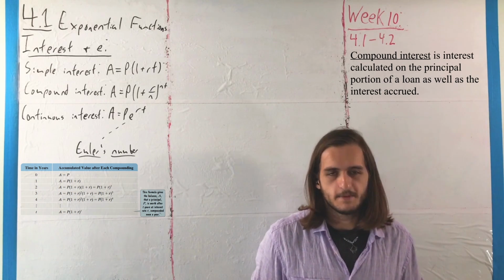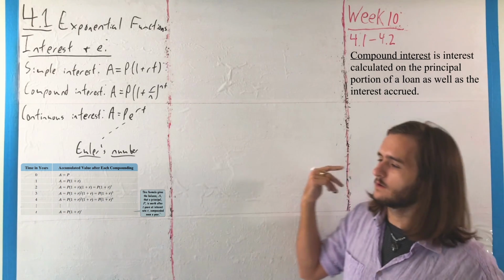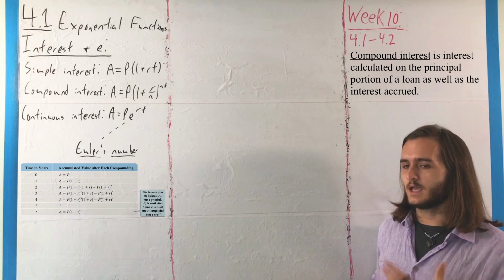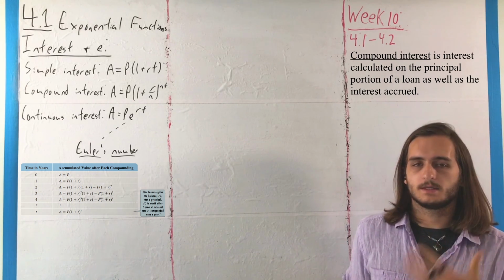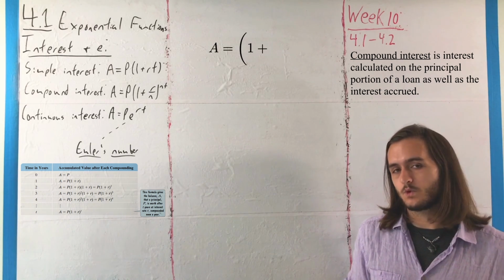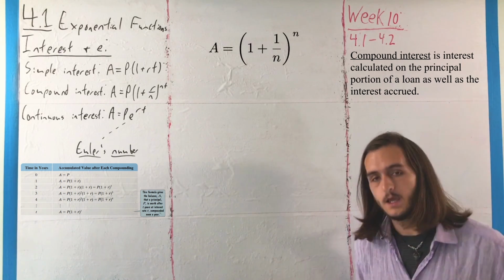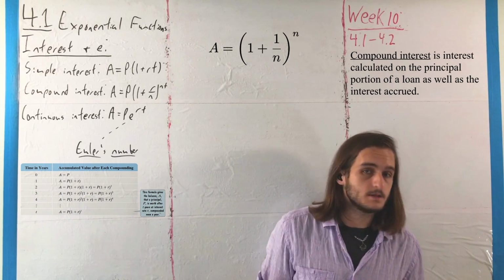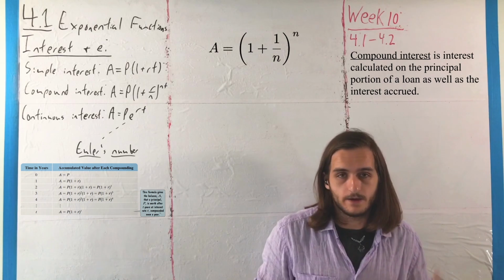It's a lot of money. But say we could do that, our value there in terms of n periods after one time t would be something like A equals the quantity 1 plus 1 over n raised to the power n. And so if we want to find out what happens to that for various types of compounding interest, we can plug in values for n, values that we know.